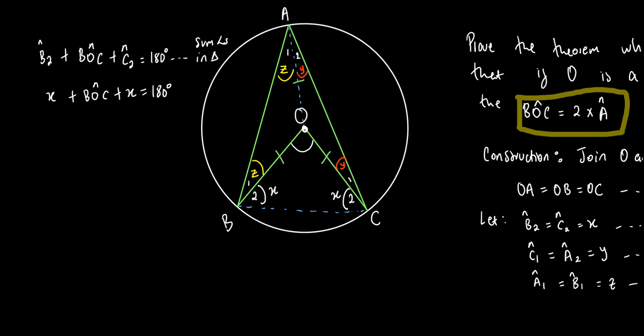Okay, perfect. So now BOC plus the 2x is going to be equal to 180 degrees, right? We are still together. Now if I want to make BOC the subject, I'm going to say BOC is equal to 180 degrees minus 2x, right? Are we happy with this?